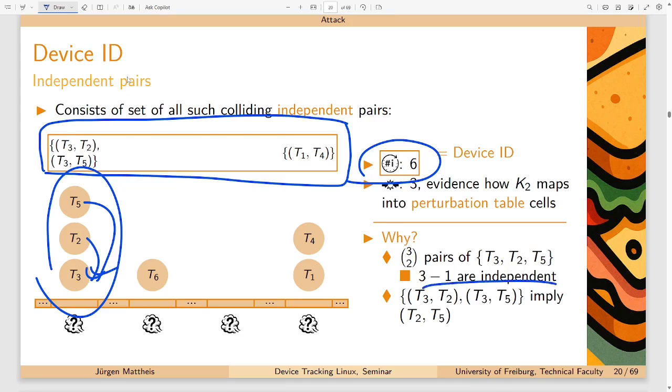That's the case because if you, for example, have here 2 collides with 3 and 5 collides with 3, then you don't need to know that 2 collides with 5, because that's already implied by transitivity.